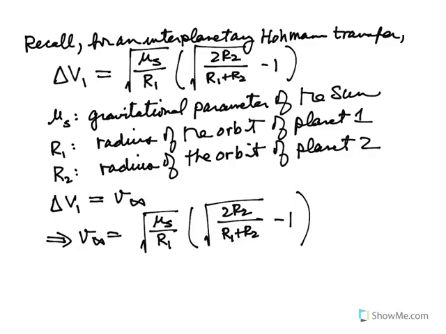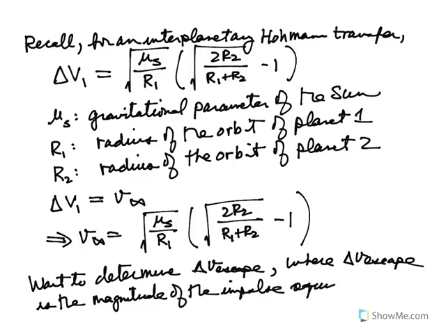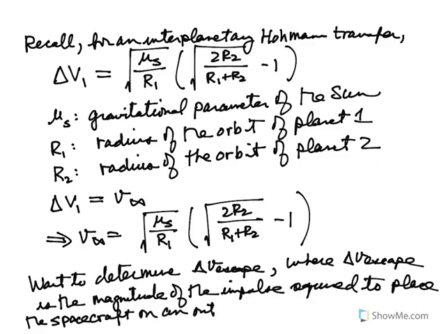So this is the important concept: we want to determine what I call delta V escape, where delta V escape is the magnitude of the impulse required to place the spacecraft on an outbound hyperbola with the correct speed on the orbit.